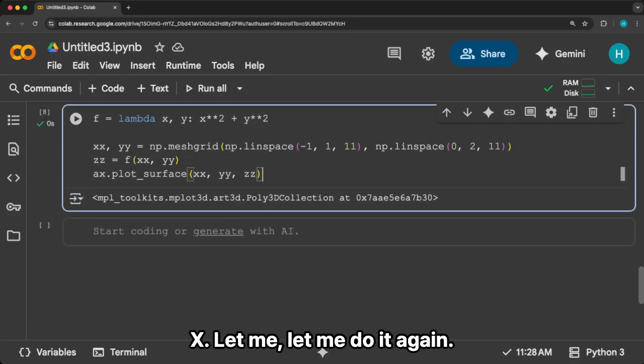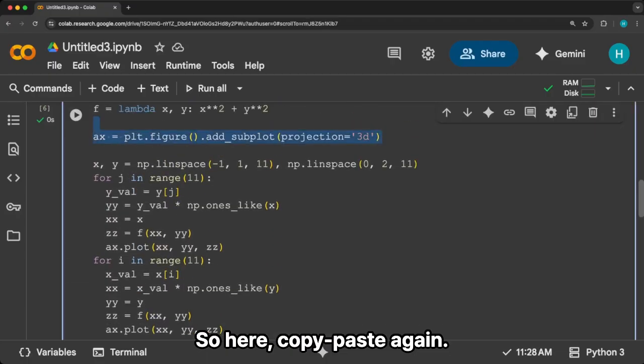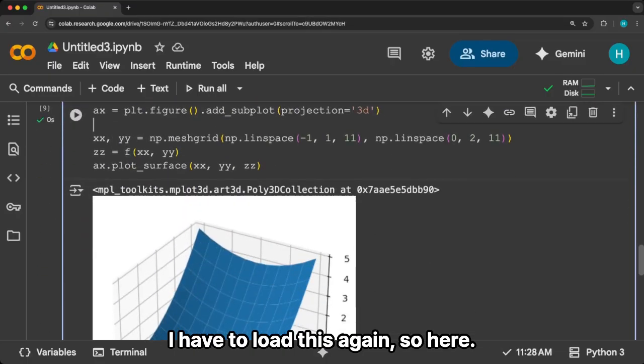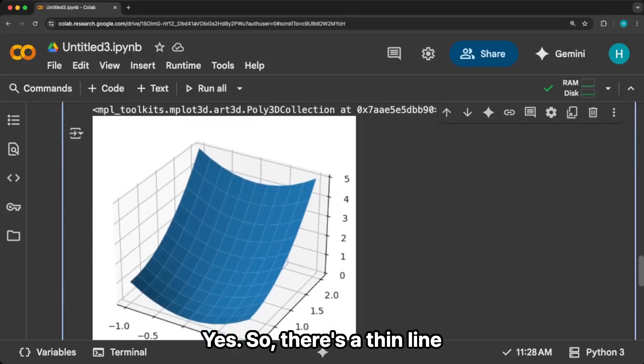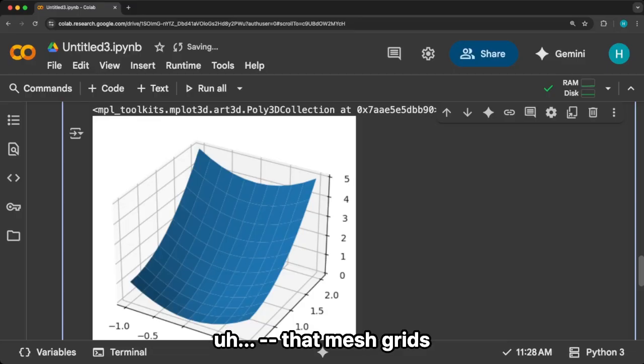Let me do it again. Copy paste again, I have to load this again. So here, yes. There are thin lines and white dots that indicate where the mesh grid points are set inside of the surface.